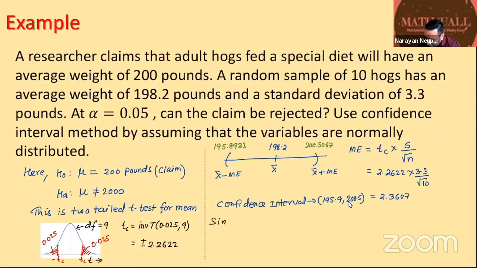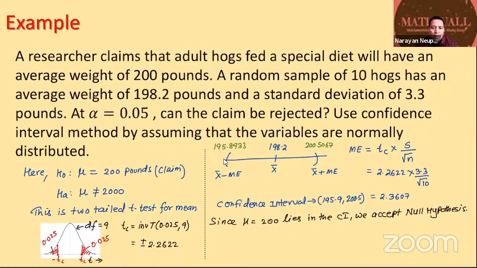Since mu equal to 200 lies in the confidence interval, we accept the null hypothesis, because this mean lies here. If it does not lie in that interval, in that case, we reject the null hypothesis.